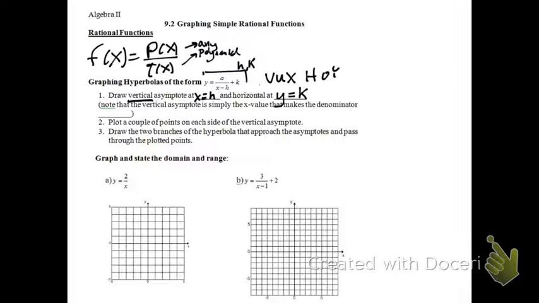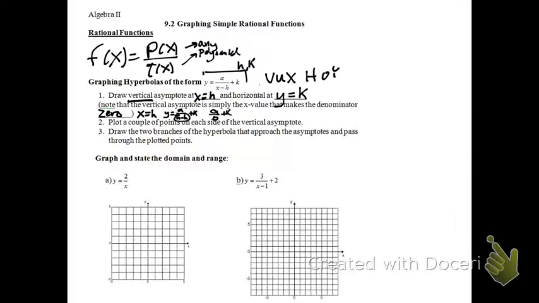Note that the vertical asymptote is simply the value of x that makes the denominator 0. If you think about it, if you let x equal h, that general expression would become y equals a over, instead of x minus h, h minus h, plus k. And notice h minus h is going to be 0. So you're going to have a over 0 plus k.